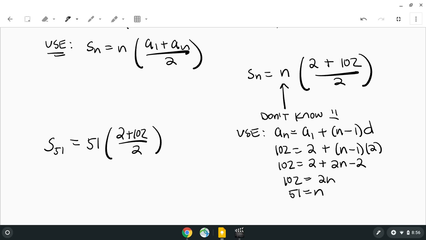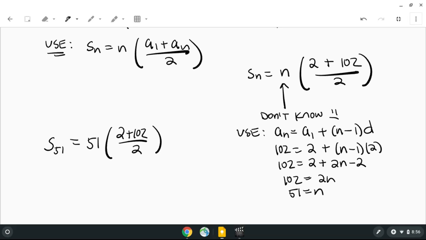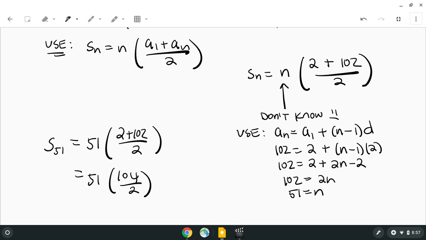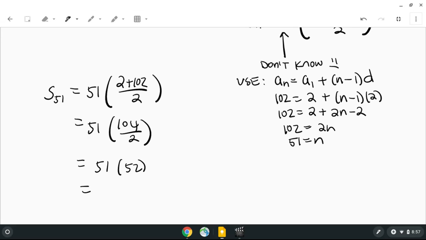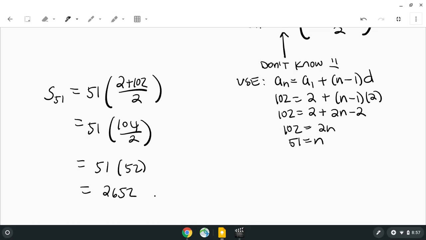So this is 51 times 104 divided by 2, so that's 51 times 52. And that will be 2,652. So that's how you find the sum.